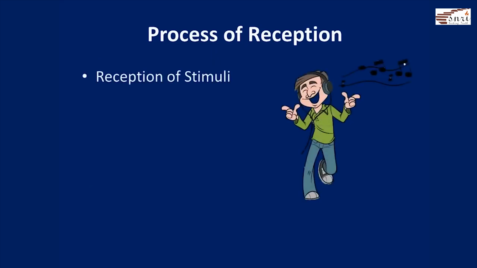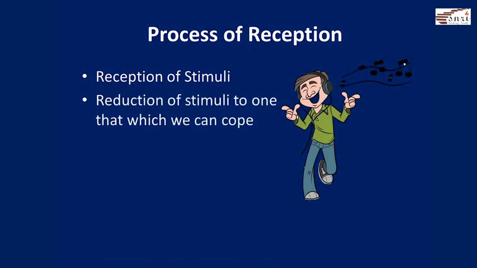Now, let's come to the process of reception. So first here we have the reception of the stimuli. So whenever anything has been passed on to us, we first need to receive it, because unless we receive it, we will not be able to decode, understand or interpret it. And therefore we see that we need to pay attention to both the verbal as well as the non-verbal stimuli, which is constantly bombarding us.